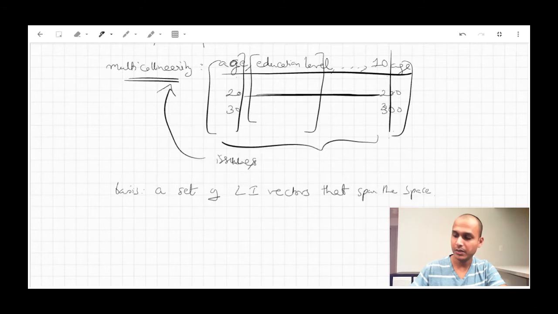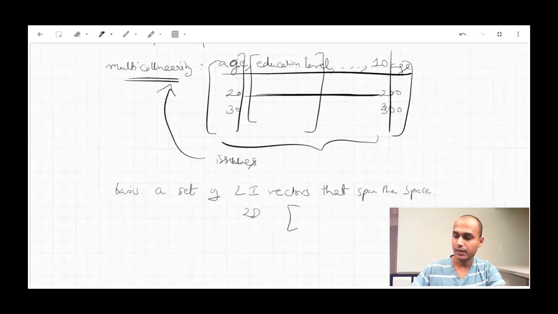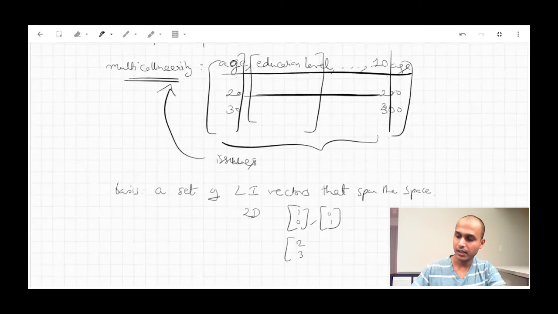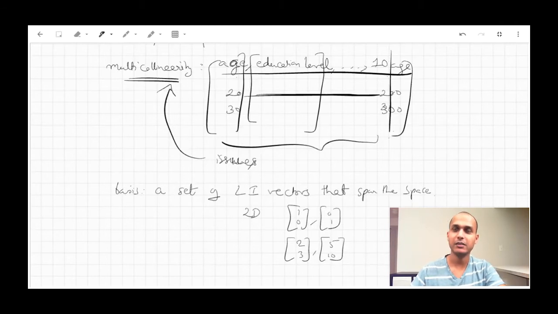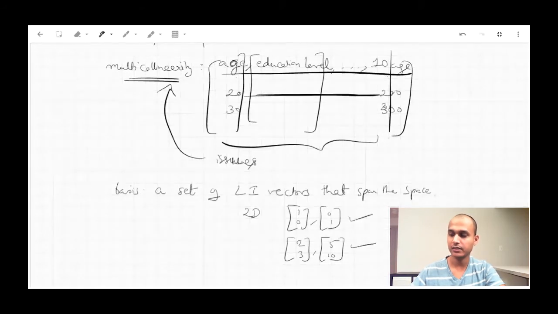So for example, in 2D, an example basis could be (1, 0) and (0, 1). Of course, another example could be (2, 3) and (5, 10), as long as the second vector is not in the span of the first one. So these two vectors are linearly independent, and they span the two-dimensional space, and therefore this is a basis and this is also a basis.